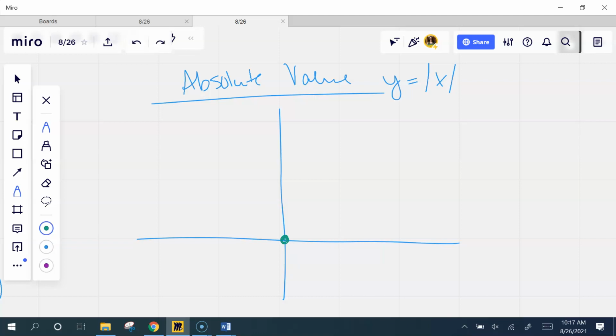Points at 1, 1 and negative 1, 1. If you took the line y equals x, that very first one, and took this piece and flipped it up and made it positive, you would have the absolute value, because that's what absolute value does, it makes all negatives positive.